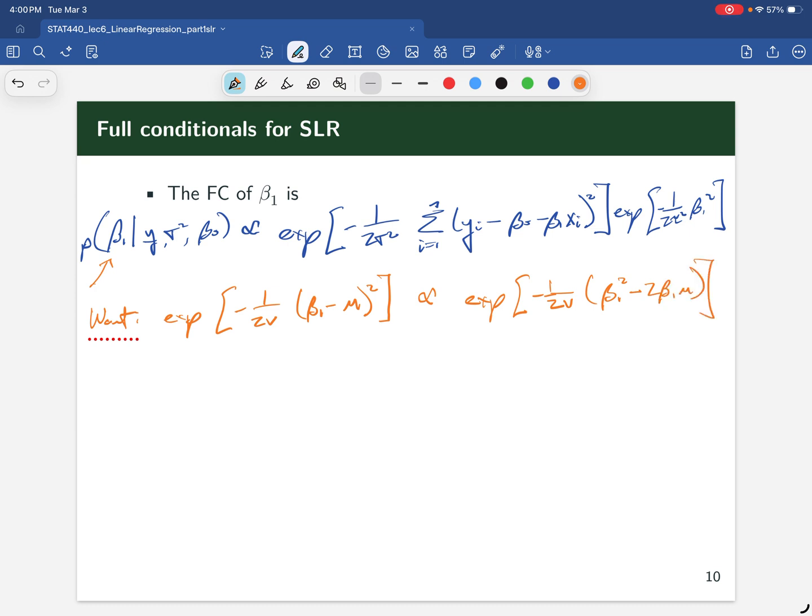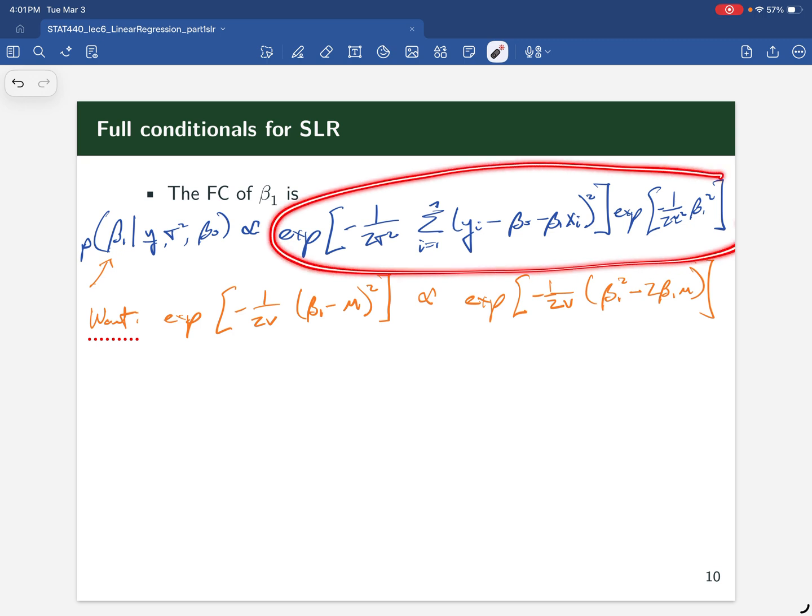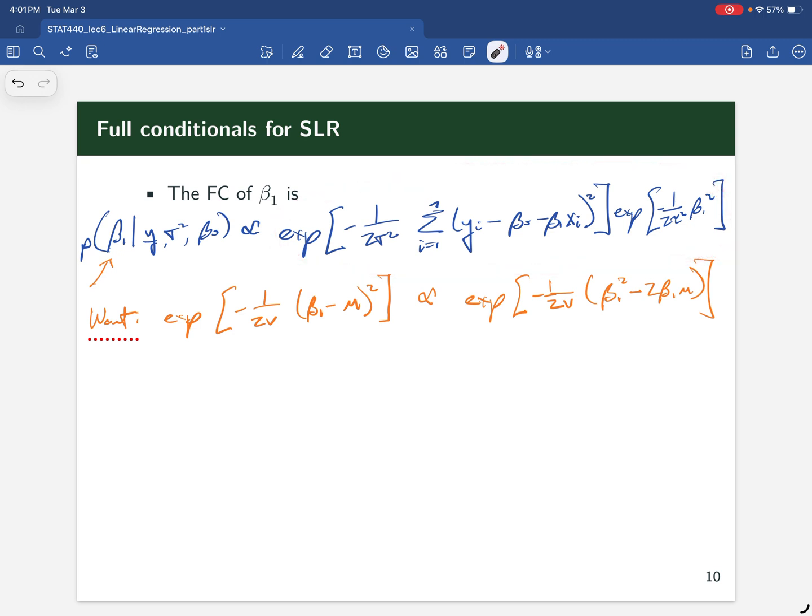What we saw was starting from something like this, we could do some simplification. We could kill off a constant of proportionality and we could write this. And so if we can come up with an expression that looks like this, then whatever is here will be our mean, whatever is there is our variance. So our goal is to take this thing up here and make it look like this expression that I have written down here on the lower right.